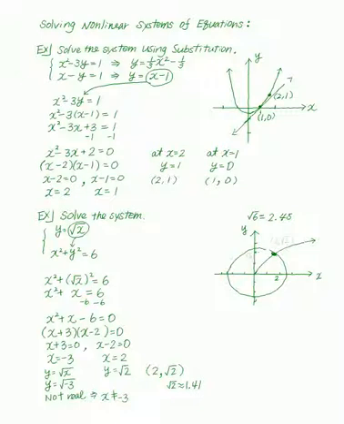So I'm going to go to my graph, and I'm going to notice my graph is pretty close. And I'm going to label my point 2, comma, root 2.